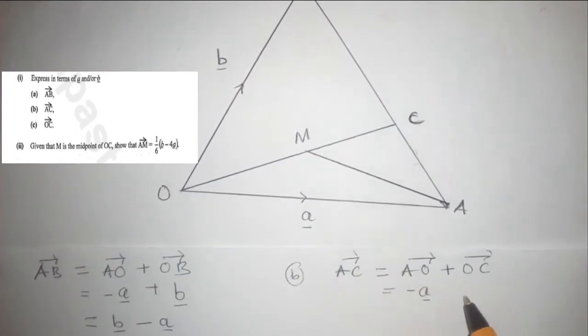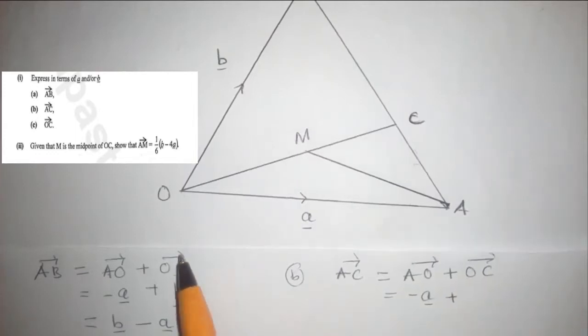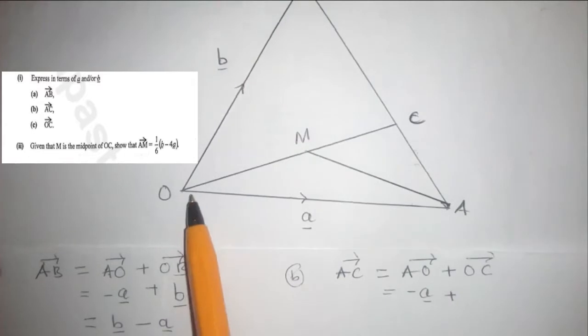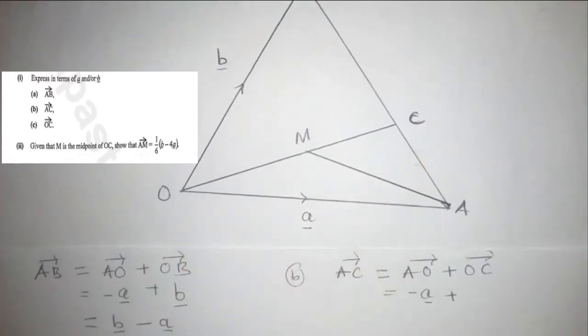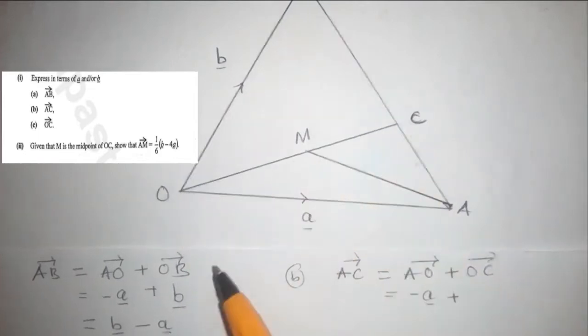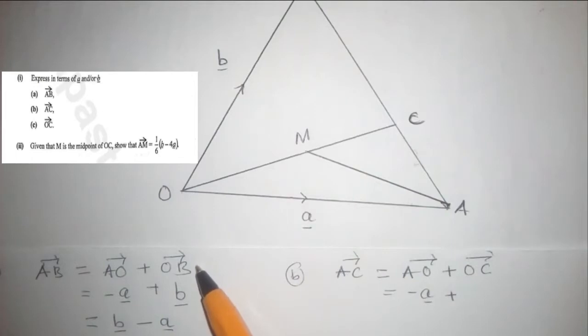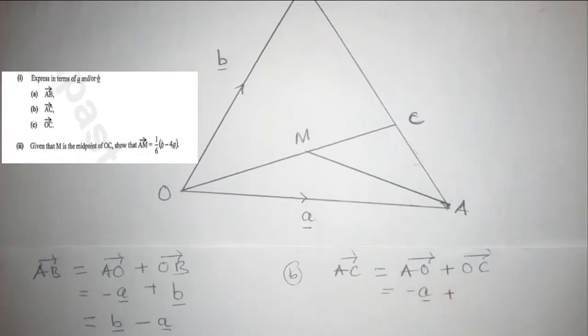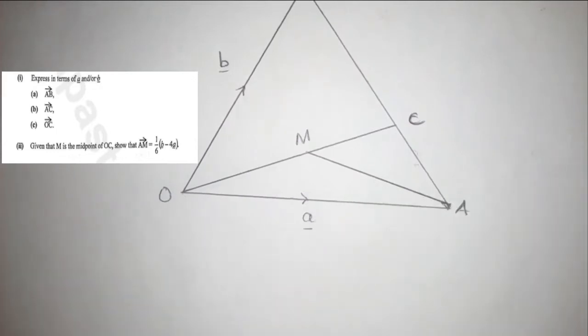Same, negative A, plus what is our OC? Do you have OC here? We don't have it. So what are we going to do in order for us to find OC? This becomes tricky. When we think nicely, this is not how we're supposed to do it. We are supposed to take advantage of the ratios.